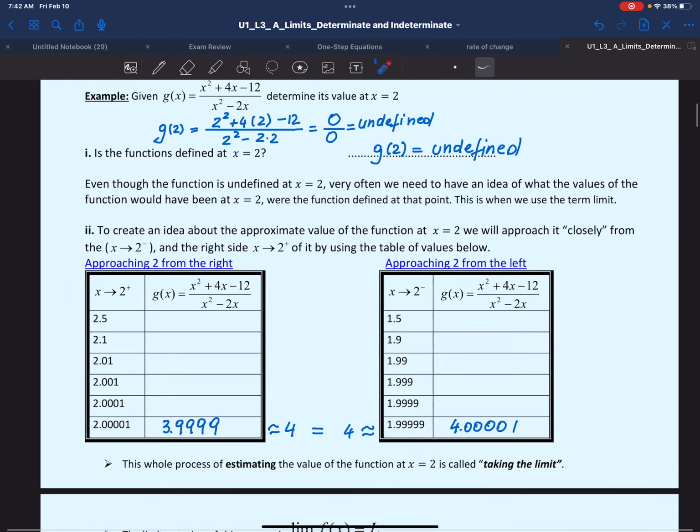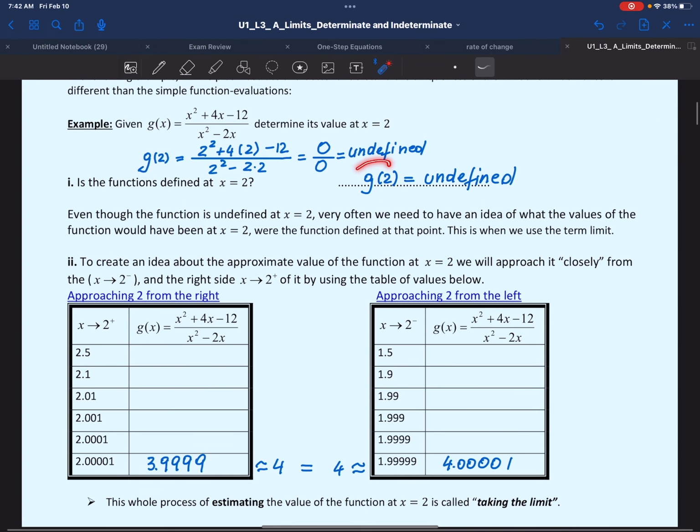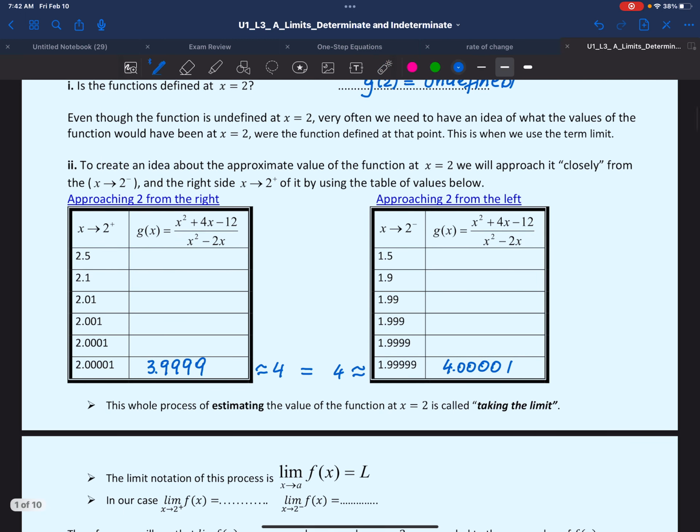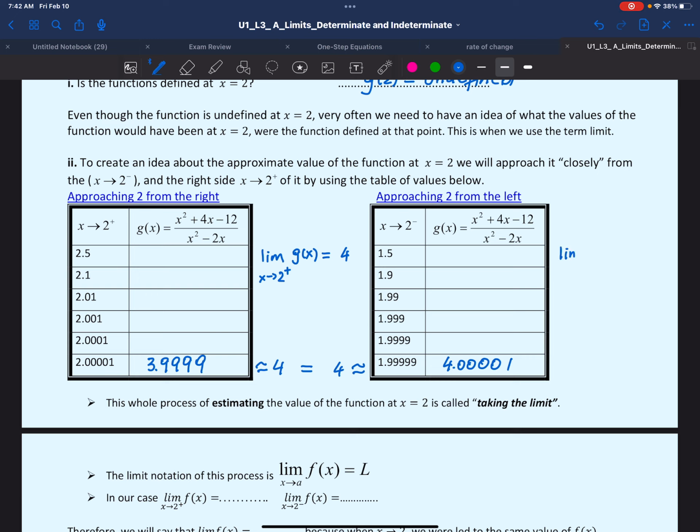So as you can see, the function may be undefined at a point. So g of 2 was undefined, but the limit of the function when x approached 2 from the right-hand side was the same as the limit of the function when x approached 2 from the left-hand side.